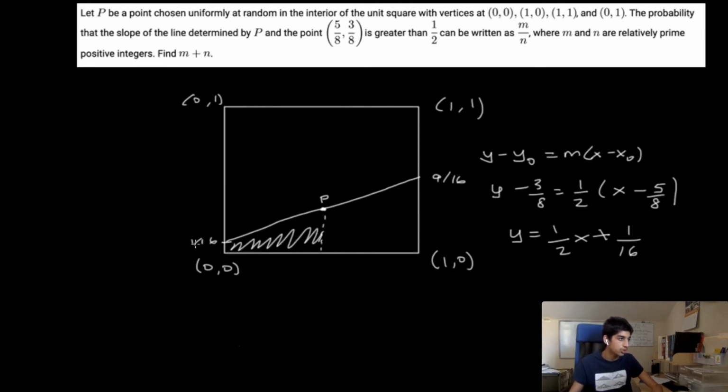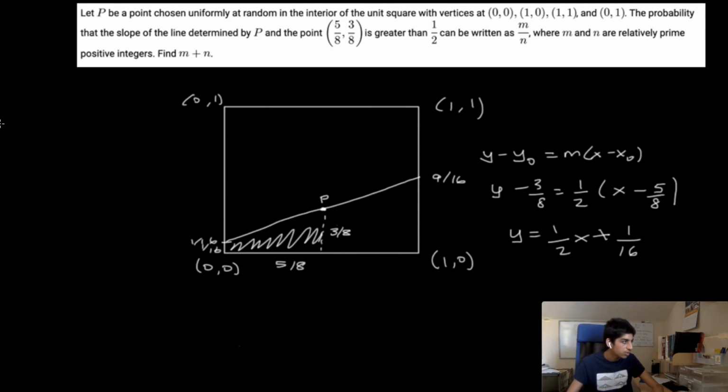Now this is just a trapezoid, so we can find this area pretty easily. Well, we know that this is going to be 3/8. This is going to be 1/16, and we just need the height. Well, this is going to be 5/8 because this point P is at 5/8, and now we can easily find the area of this region.